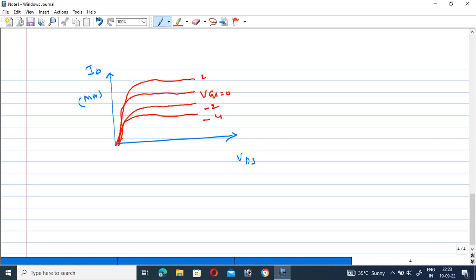This region is generally called saturation. This region is called the ohmic region. This is called the cutoff region.